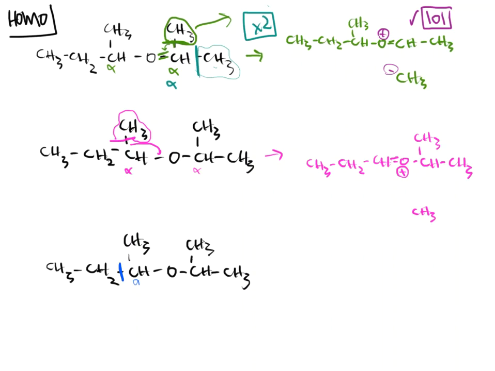That is a different product. It's a different fragment that we'll get. So I get this CH2CH3 that's left behind. I'll write it down below. And then I've got this CH3 group, a CH, an O, a CH, CH3, and then a CH3.